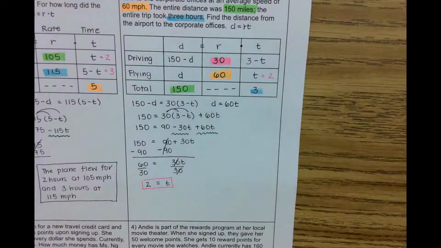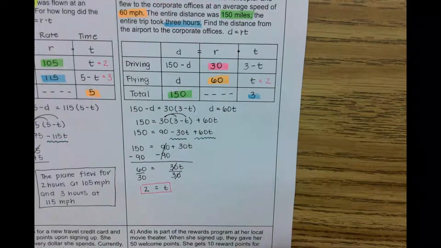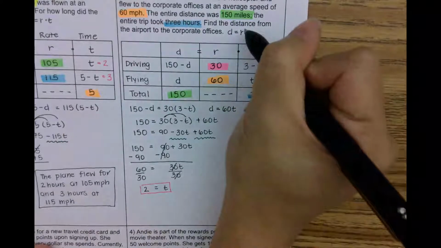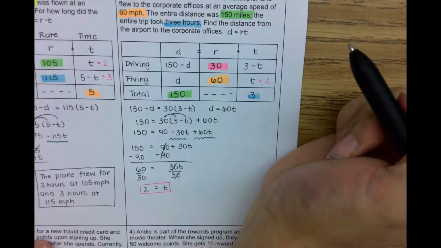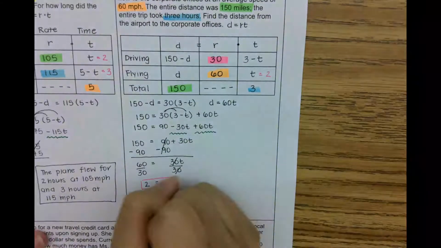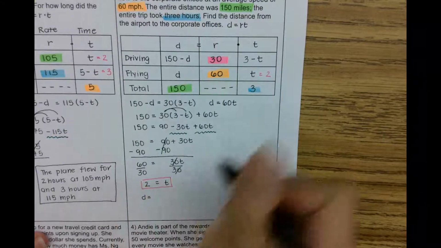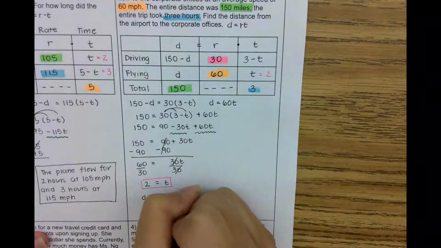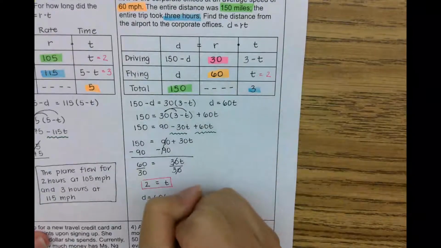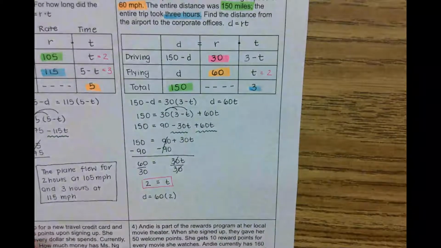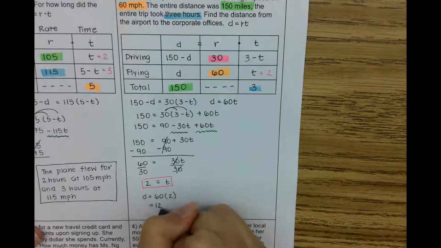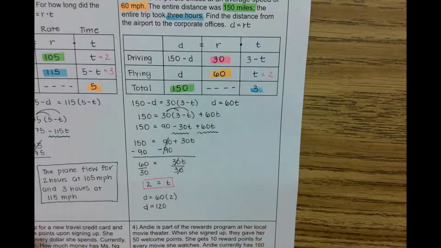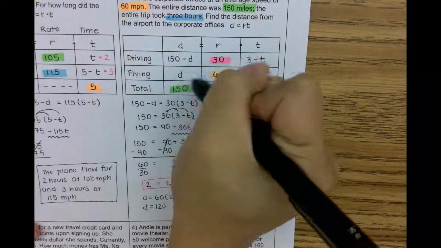Okay. Now, all I need is the distance flying, right? I want to know the distance from the airport to the corporate offices, and he got that through flying. So all I need to do is D equals my rate 60 times my time flying 2. Right? So 60 times 2 is 120. Okay? And that's the distance that I want, right?